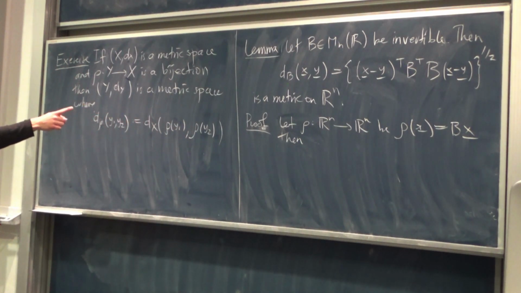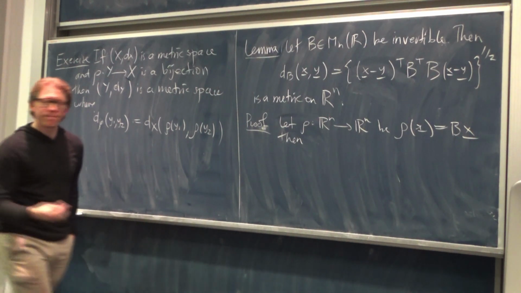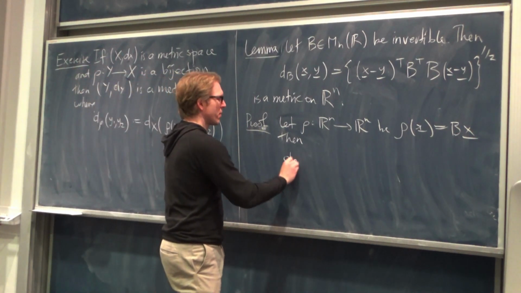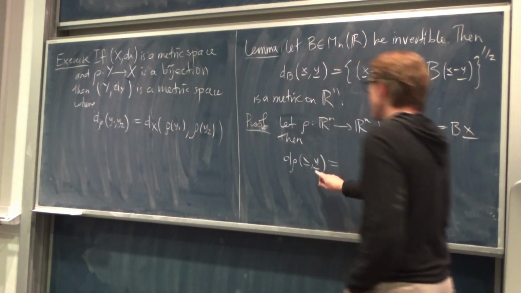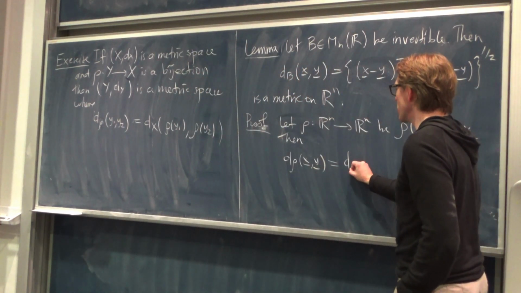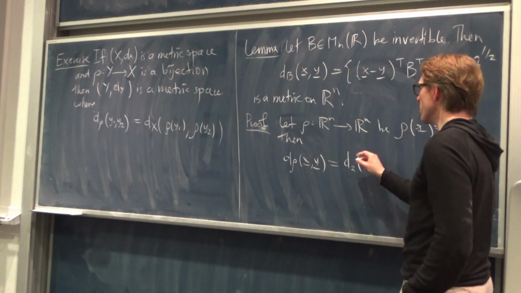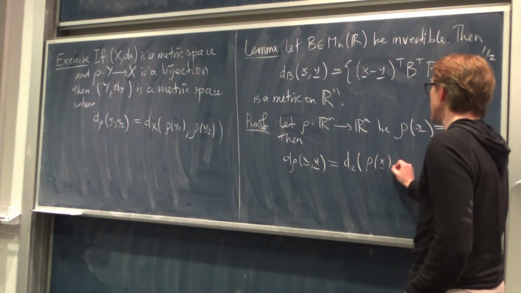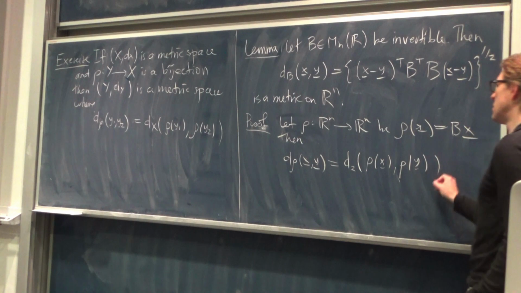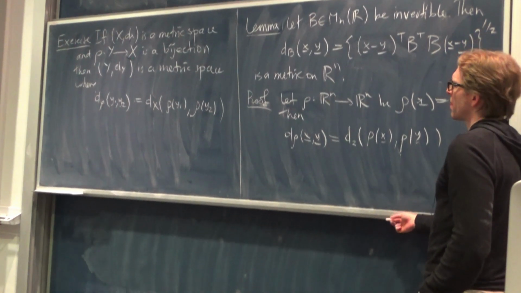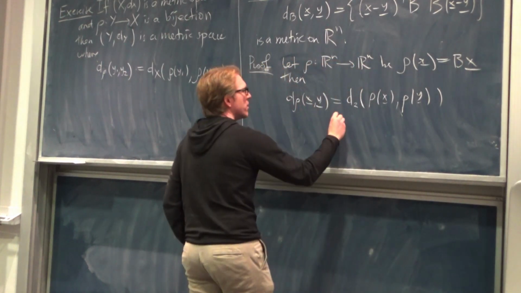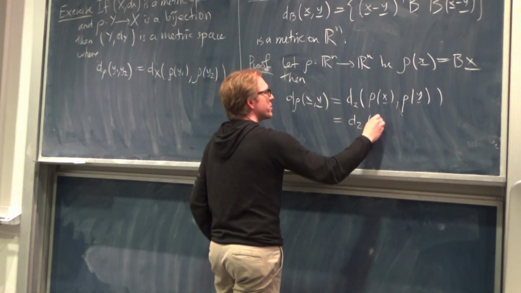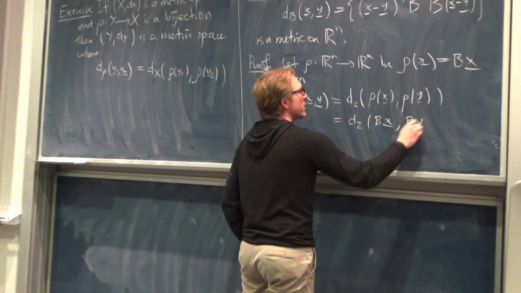If I take the d2 metric on Rn, I get a new metric on Rn. So what is it? It's the metric which takes a pair of points x, y. By definition, it declares the distance between them to be the Euclidean distance between the result of applying rho to x and rho to y. That's just Bx and By.